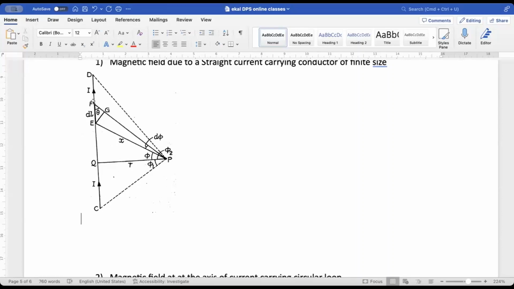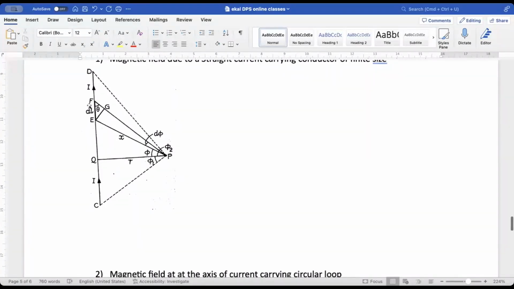Angle EFP, say, is theta. Angle QEP will also be theta, because F and E lie very close to each other, as dl is very small. So this angle is also theta. Now draw EG perpendicular from E on FP.